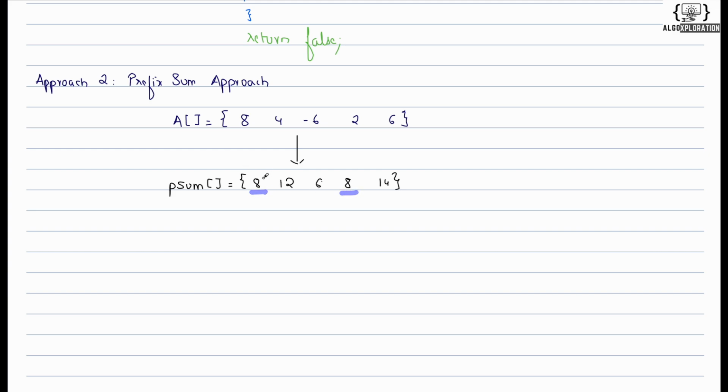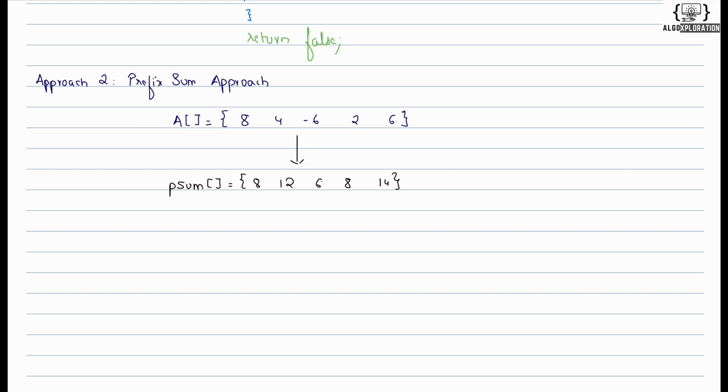It means that this 8 has been propagated here. So indirectly we can say that this part is resulting in sum 0. So the takeaway from this is, if we get the same element in the prefix sum, it means that the subarray sum is 0.